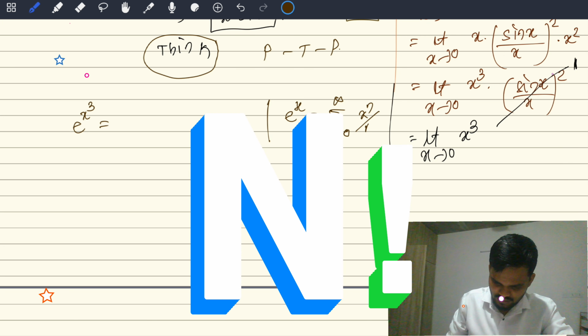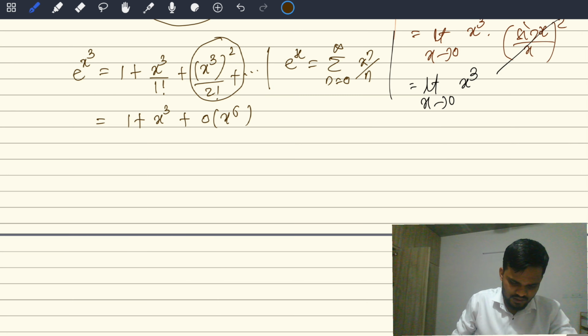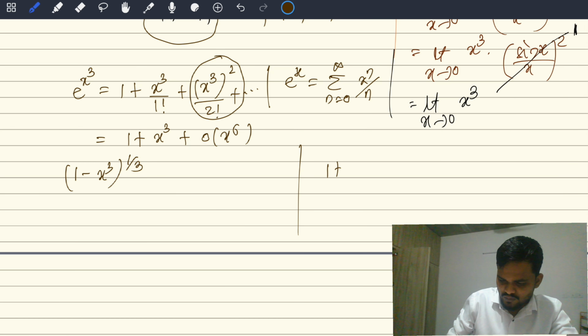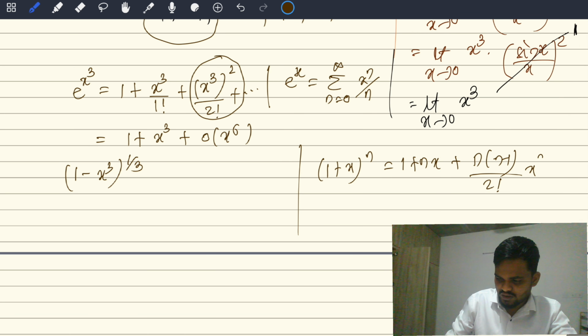Okay. Now another, we need 1 minus x cube whole power 1 by 3. For that, what am I using? We know 1 plus x to the power n is nothing but 1 plus nx plus n into n minus 1 divided by 2 factorial into x square and so on.